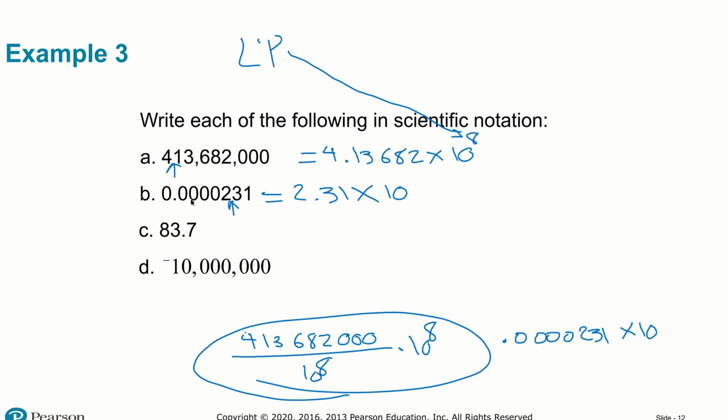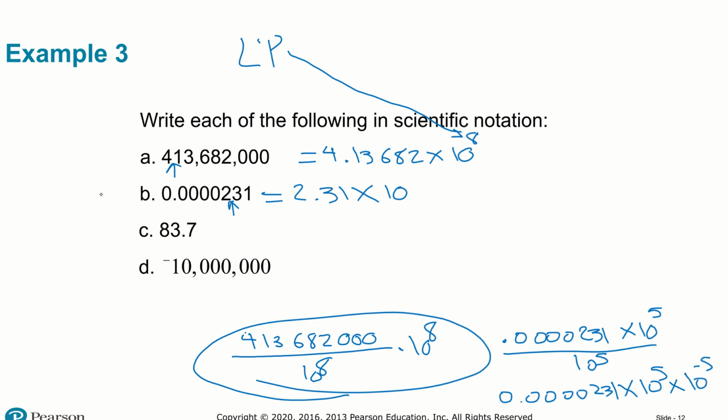Because I moved the decimal 1, 2, 3, 4, 5 places to the right, right? So to compensate for that, I need to go ahead and divide by 10 to the 5, right? So that's the same thing as saying multiplying by, I could have also said this way, 0.000231 times 10 to the 5 times 10 to the negative 5.